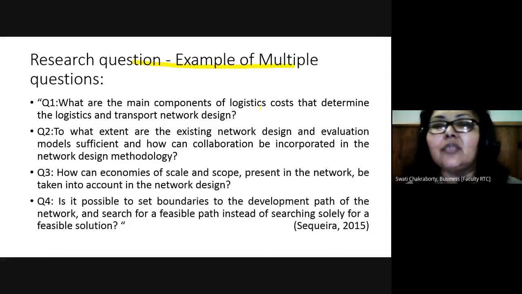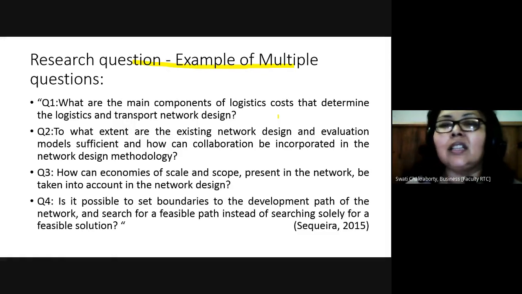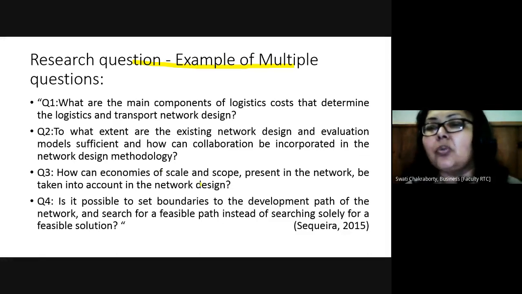Say on the network design: what are the main components of logistics cost that determine the logistics and transport network design? To what extent are the existing network design and evaluation models sufficient? And how can collaboration be incorporated in the network design methodology? How can economies of scale and scope present in the network be taken into account in the network design?